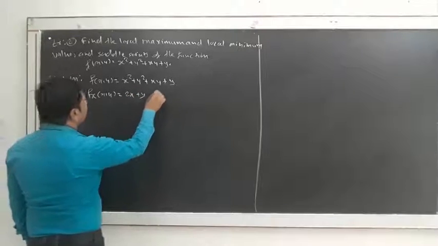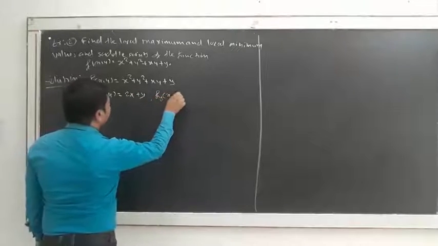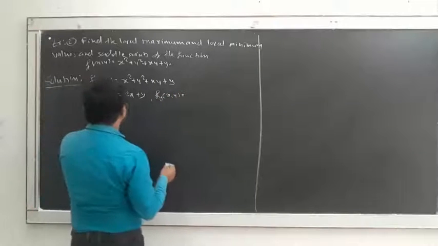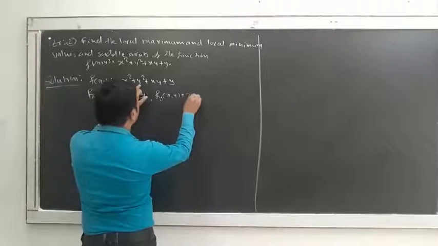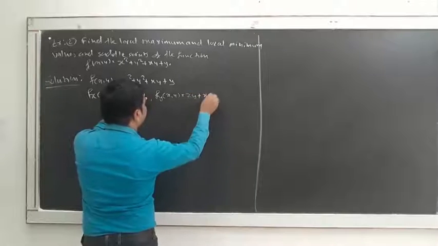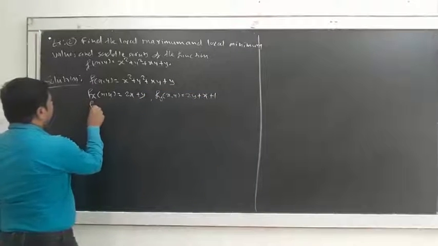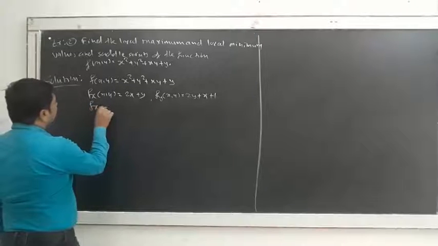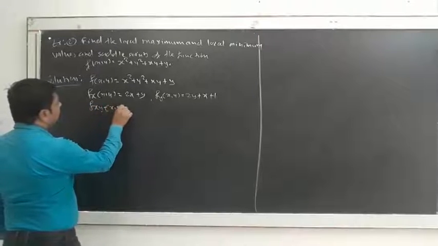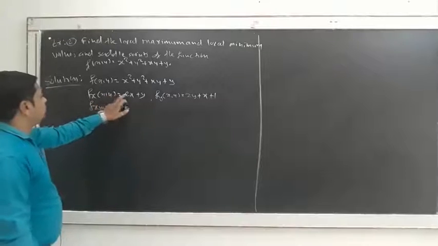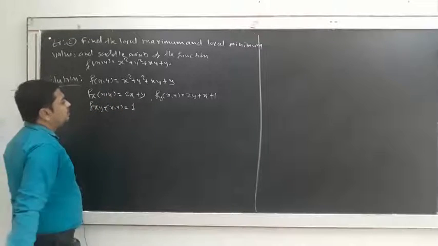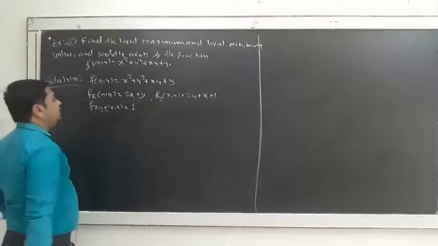What is fy at (x, y)? It should be 2y plus x plus 1. So fxy, that is the derivative of this with respect to y, should be 1. No need to find fyx.